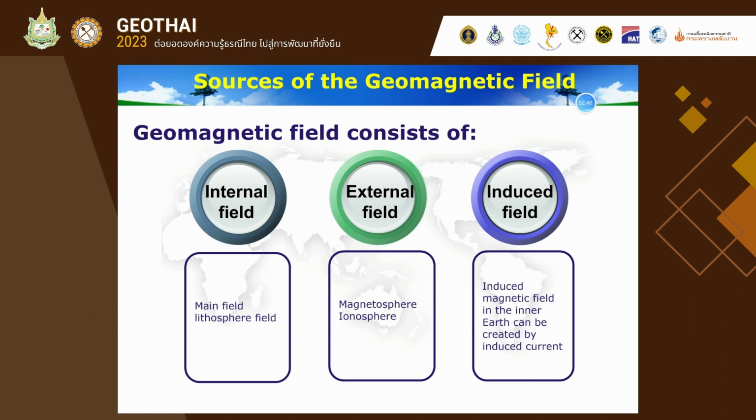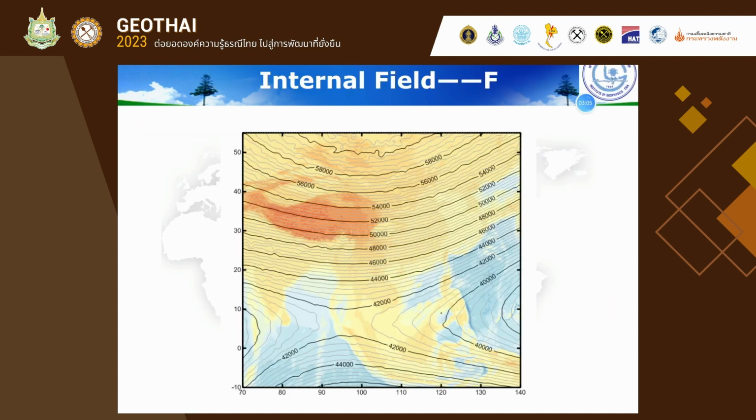The second part is the source field, also called the crustal field. The other part is the external field. This part is caused by the current in the ionosphere and the magnetosphere. And the third part is the induced field.